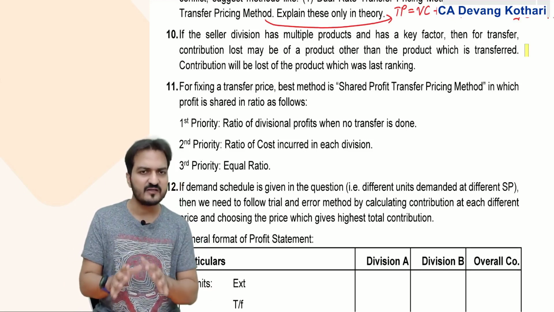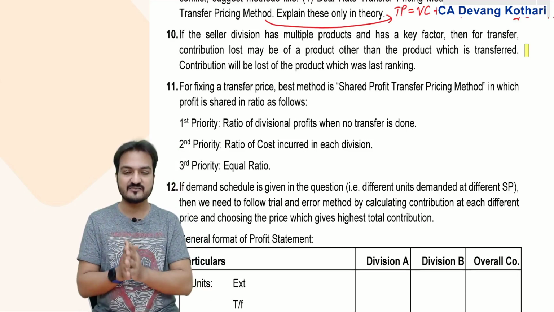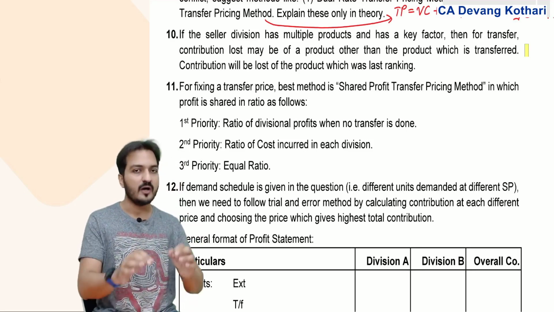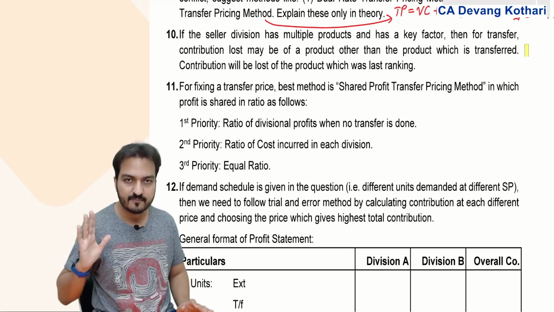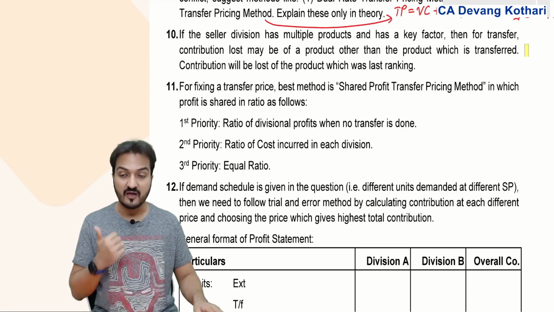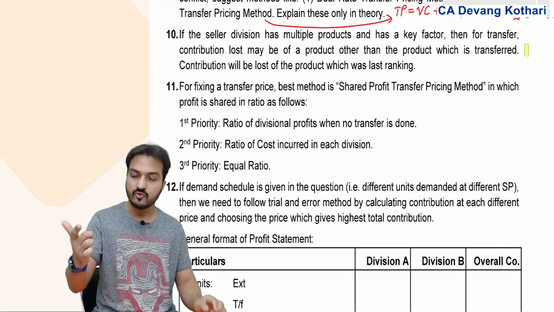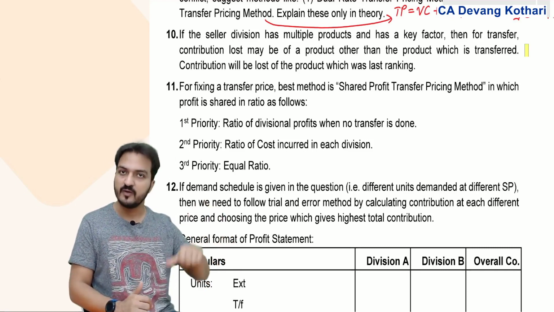But is it necessary that in order to transfer B to you, I have to decrease external sale of B itself? No, I will decrease external sale of the product which is last ranking. Say if the product C is last ranking, then in order to transfer extra units to you, I will decrease external sales of C, not the external sales of B itself.